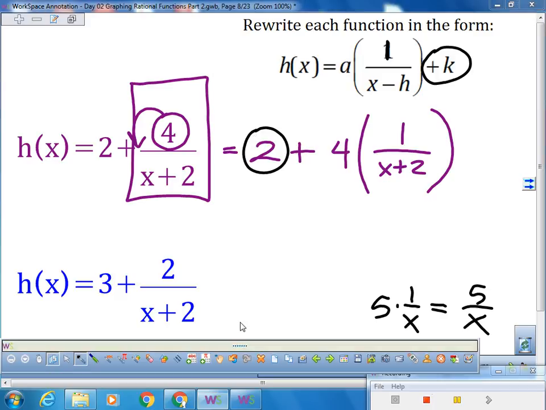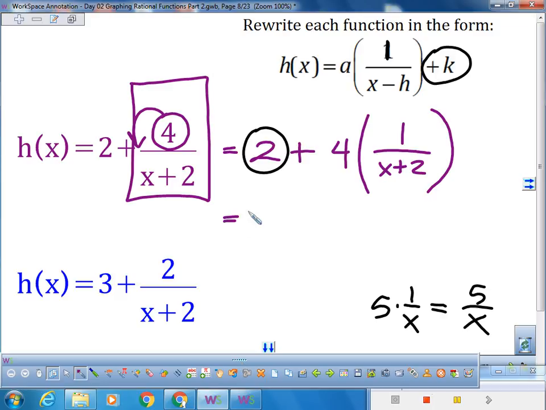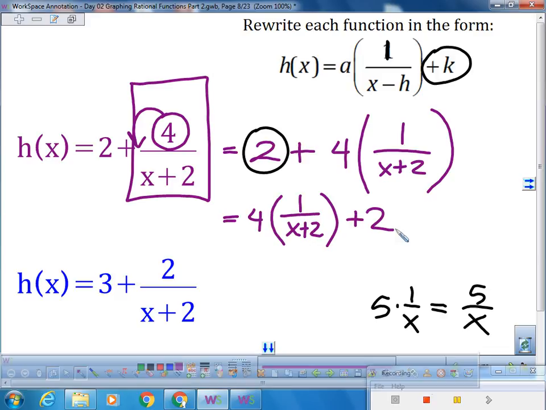So the only thing I need to change now is the order of this. So I'm going to have a 4 in front times my ratio, and I'm going to put the 2 in the back. It's the same thing. I'm just moving stuff around. I have a ratio times 4. Isn't this like saying I have 4 of these?